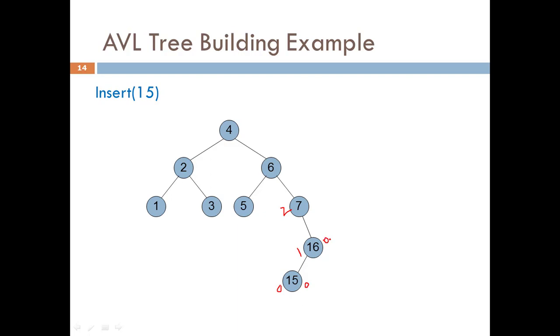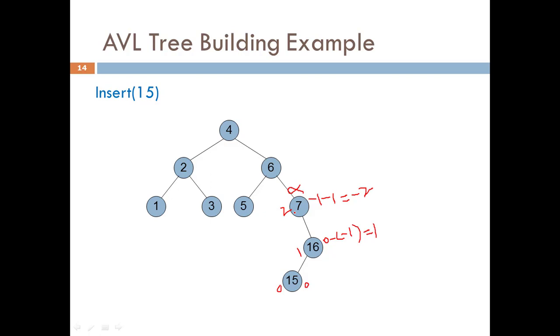So the balance factor will be 0 minus -1, so 0 plus 1, which is equal to 1. The balance factor of this is 1, so no need to rotate. How about this? Height of left subtree, which is -1, minus height of right subtree, which is 1. So it is -2. It means this should be the alpha node. Okay, so this is the point where we need to perform the rotation.